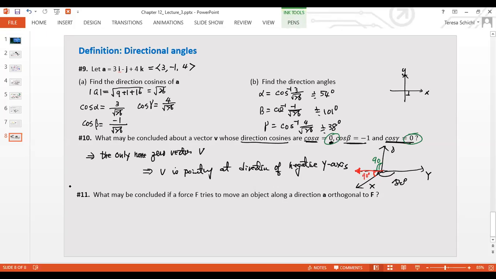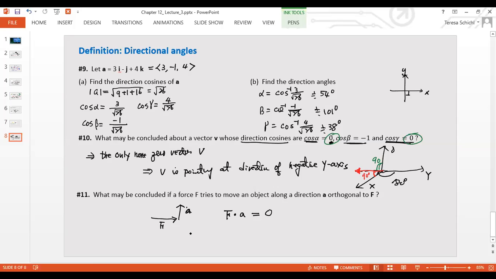Okay, last one here. They ask what we may conclude if a force F tries to move an object along a direction A orthogonal to F. All right, so if this is your F here and your displacement is going like this, this is the A vector, right? So I know the work is F dot A. Because they are orthogonal, what is that?